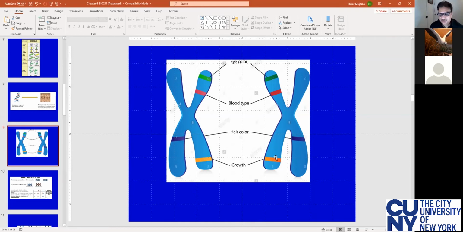These genes are located at a particular position on the chromosome. Let's say hair color: father might have black color, mom has brown color, right? Let's say a father is short and mom is tall, the growth genes.